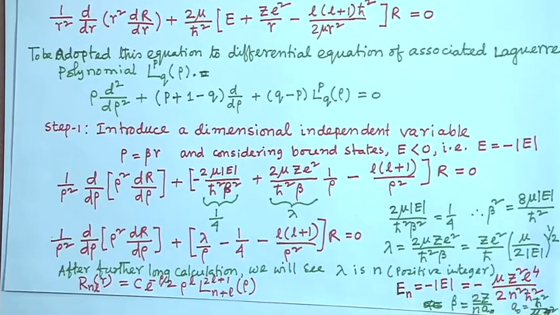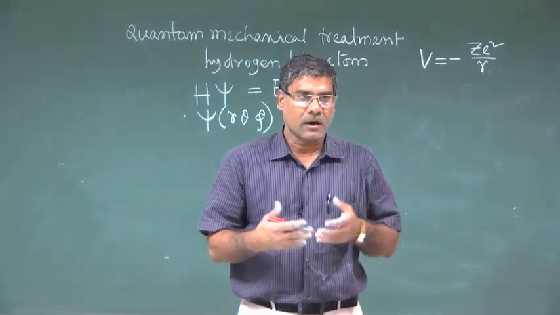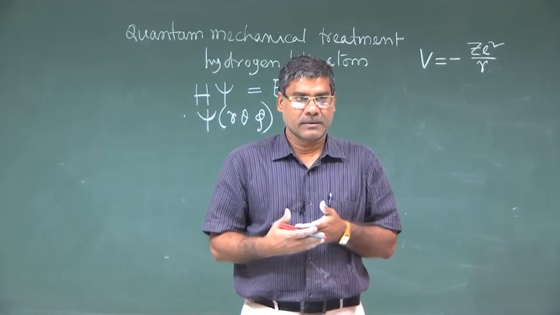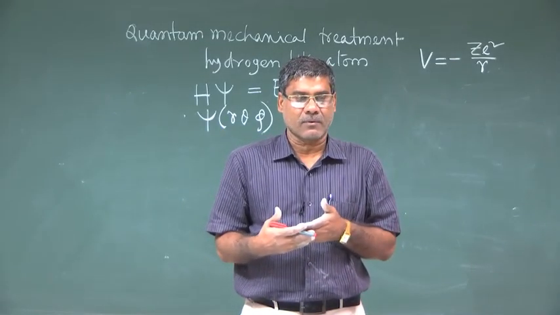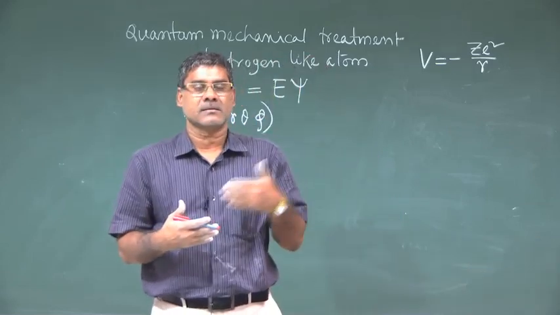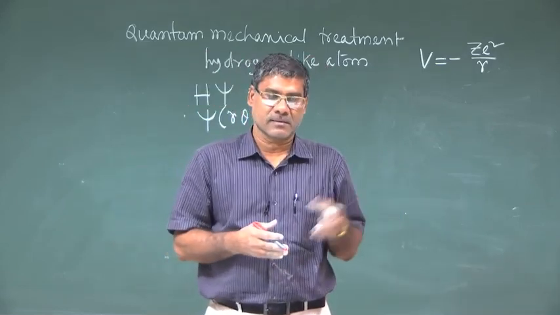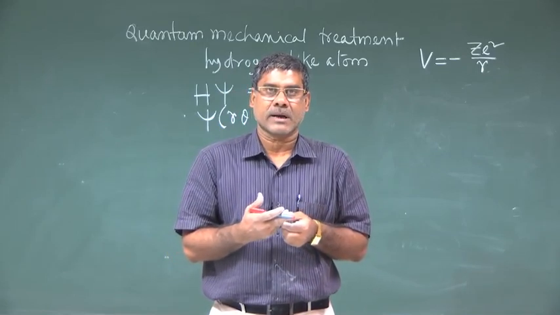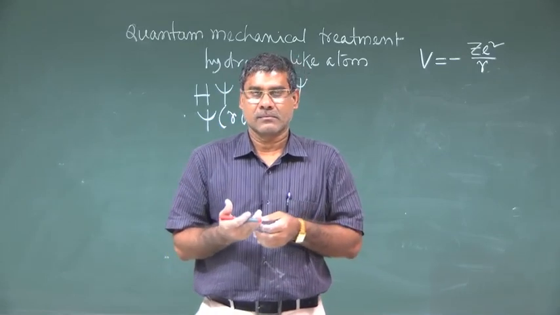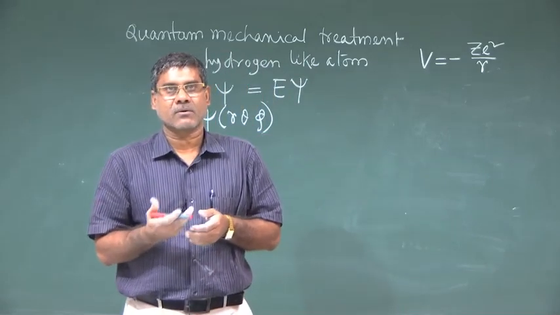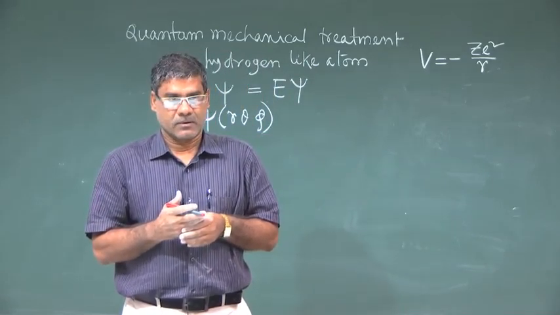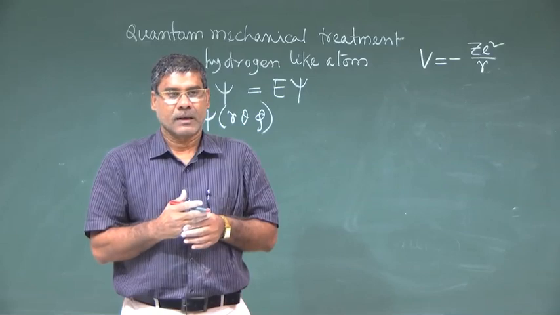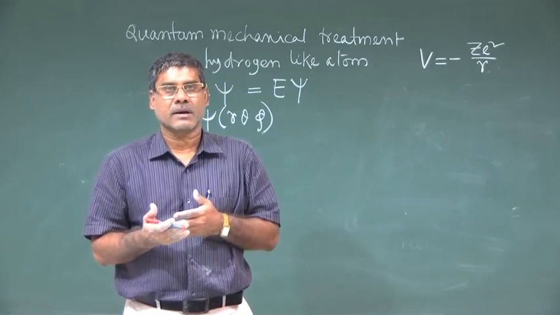So, I will not do all of it. Here my aim is to show you how naturally these quantum numbers have come up, whatever was considered in our earlier discussion: n, the principal quantum number; L, the azimuthal, angular or orbital quantum number; and m_L, the magnetic quantum number.